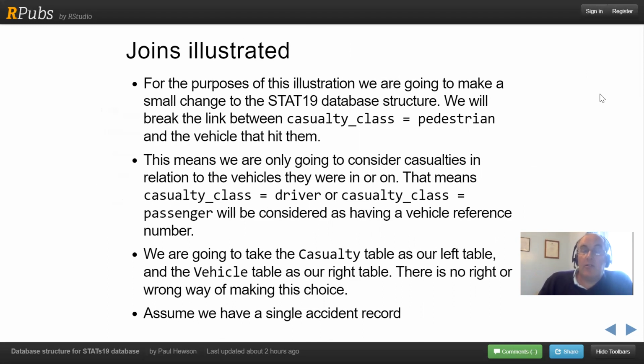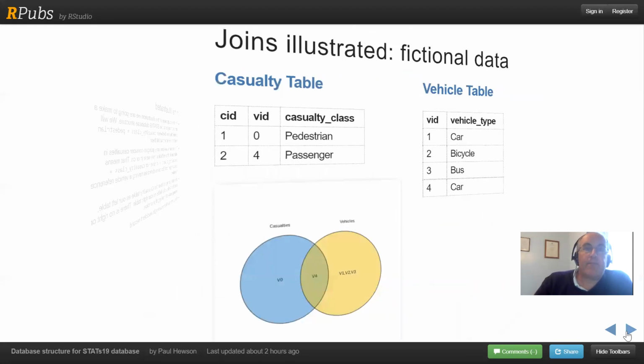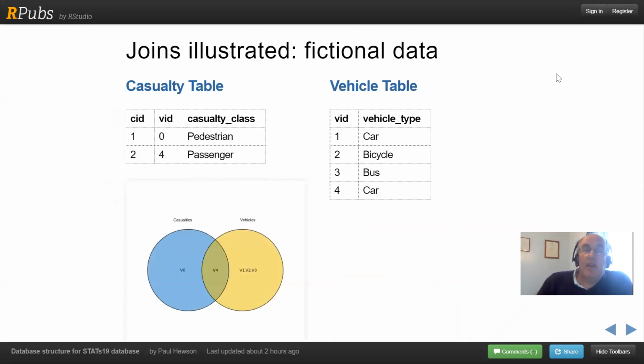And what we're going to do throughout is take the casualty as our left table and the vehicle as our right table. As it says, no right or wrong way of making that choice. That's just what we're going to use for illustration. And further, for illustration, let's just think we've got a single accident, a single collision that's being described here, just to keep life simpler. So here is some fictional table.